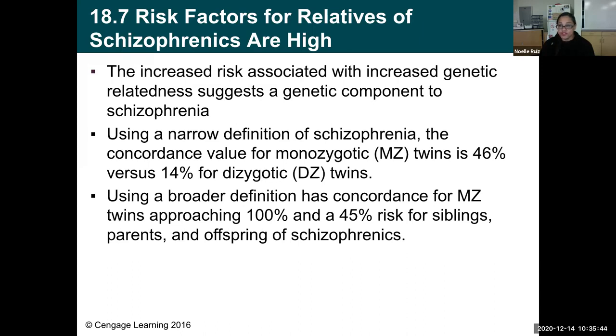If they use a broader definition, concordance for identical twins approaches 100%. Both twins develop schizophrenia. And there's a 45% risk for siblings, parents, and offspring of the schizophrenic.